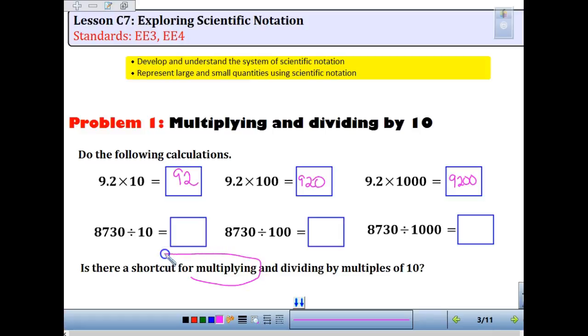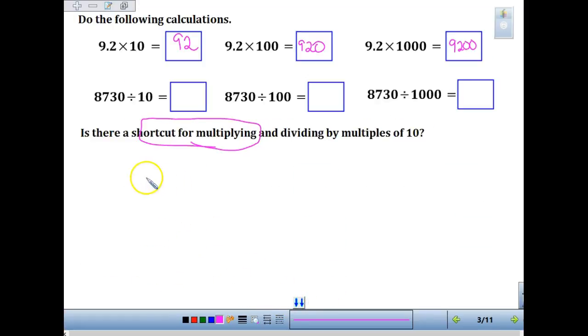So the shortcut for multiplying by a multiple of 10 is to move the decimal. So multiplying by a power of 10, we move the decimal to the right, the number of zeros.